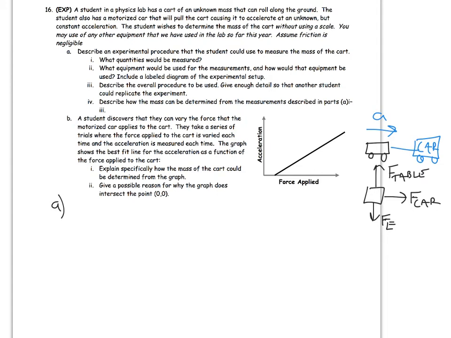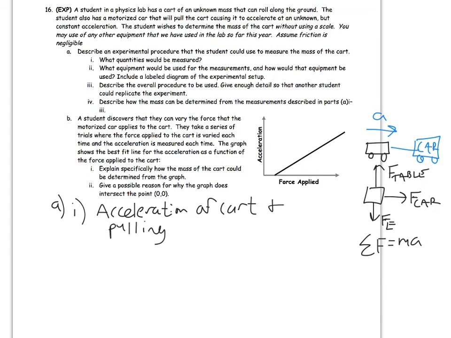Well, one thing that would definitely be useful is that unknown but constant acceleration. The other thing is probably how much force we need to make it accelerate. And really the reason why I'm thinking about that is I'm thinking about good old F equals ma. So what quantities are we going to measure? We're going to measure the acceleration of the cart and the pulling force from the car.